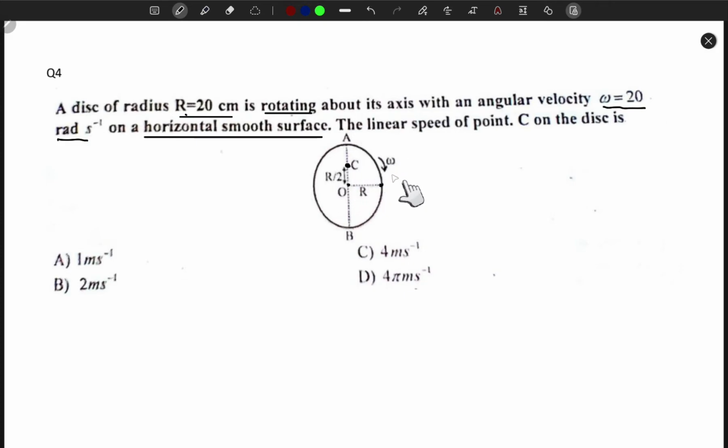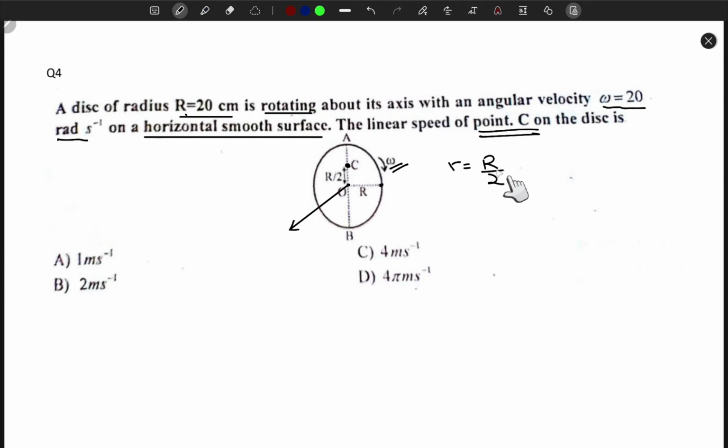And this disk is performing a rotation about the center O, right? So that's the axis about which it's rotating with the angular velocity of omega. Now, we are required to compute the linear speed of the point C. So that's important, right? So we want to compute the linear speed of point C. So for point C, remember the radius is r by 2.